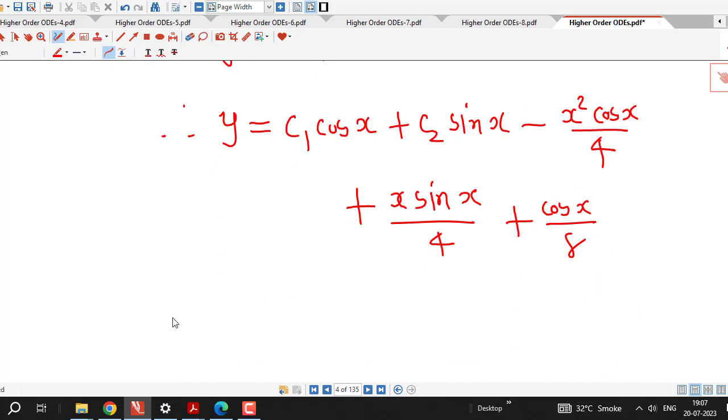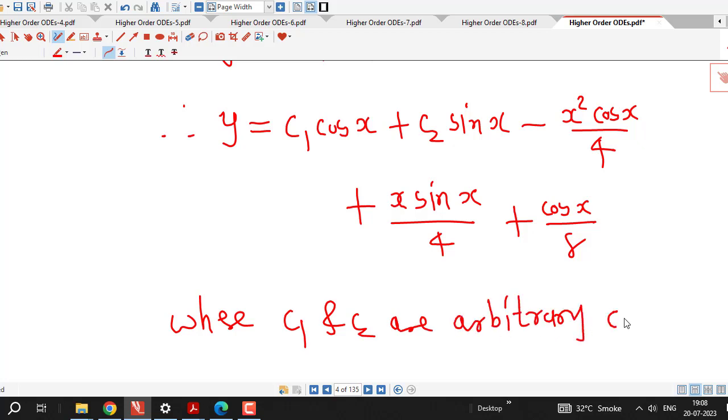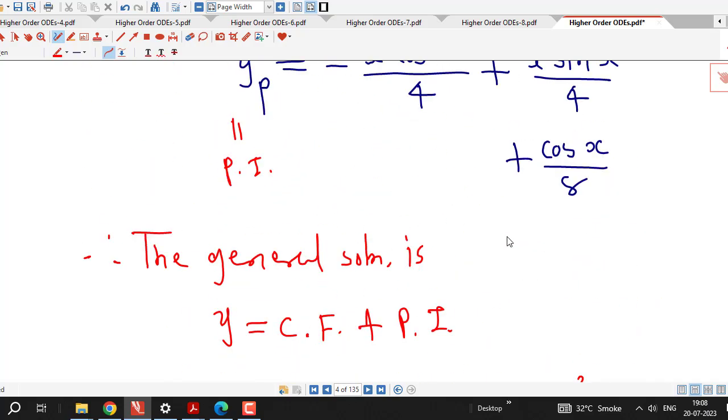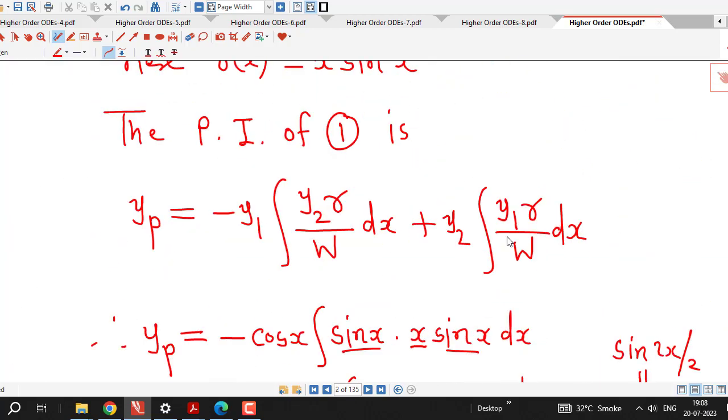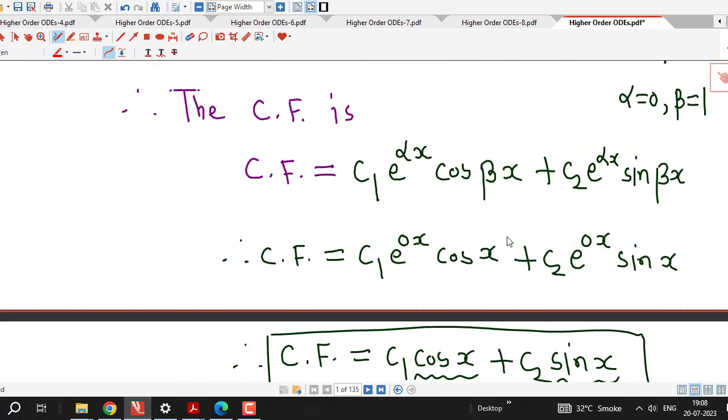And here c1 and c2 are arbitrary constants. Because c1 and c2 are arbitrary constants, this is the general solution. So in this way you can easily answer the questions on the method of variation of parameters.